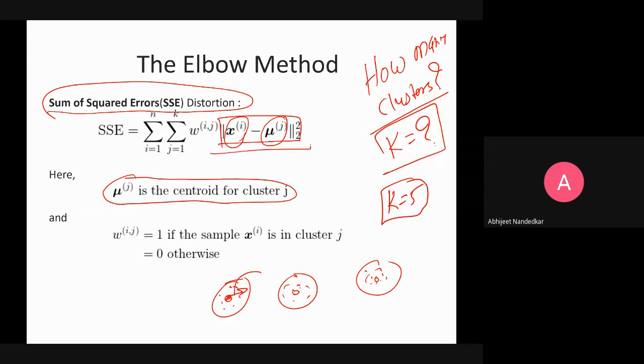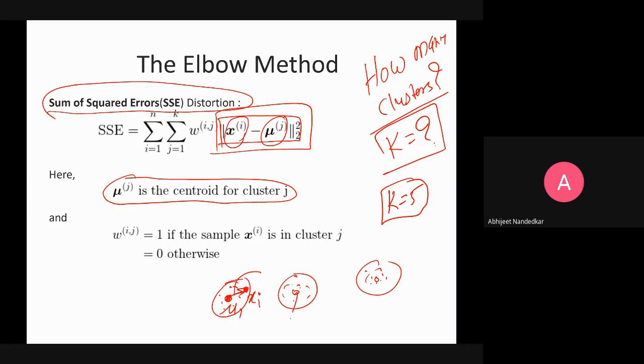This is nothing but the norm square, that is, the Euclidean norm square. So I will calculate the distance between the centroid and this surrounding point. So this is mu1 and some point xi. So xi minus mu1 whole square, that is the distance square. We will calculate that for each training point with its corresponding centroid.